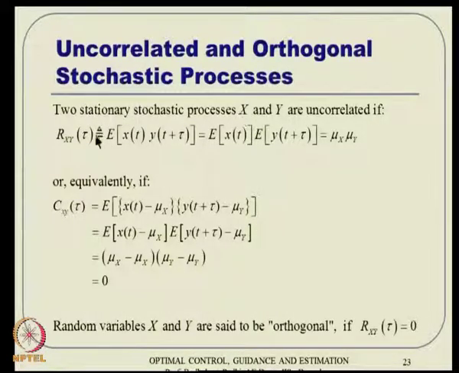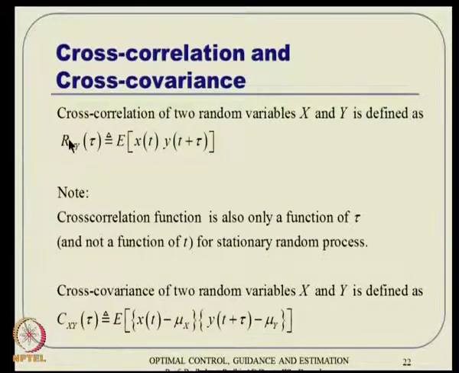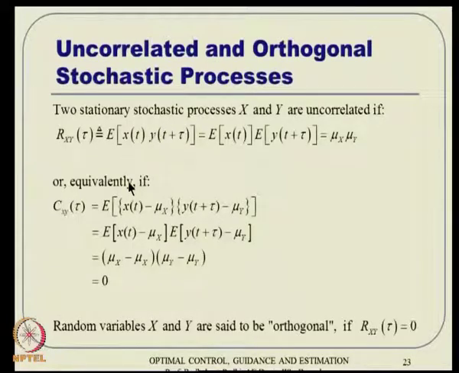So, when are the stationary processes x and y uncorrelated, or when are they correlated? They are uncorrelated if this cross correlation function that we just talked about turns out to be just the multiplication of the expected values of the two.